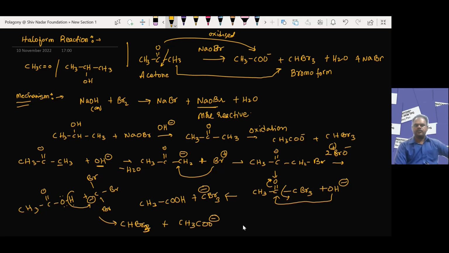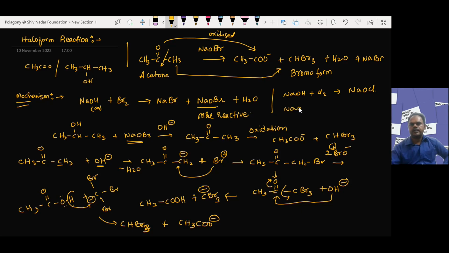In the haloform reaction, if you take chlorine instead of bromine, we get chloroform. If you take sodium hydroxide plus Cl2, we get sodium hypochlorite.